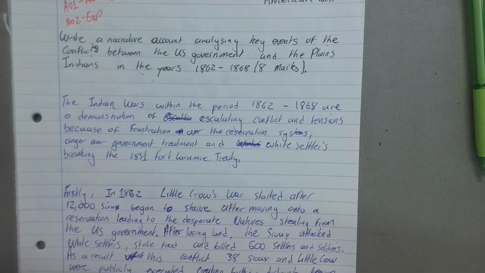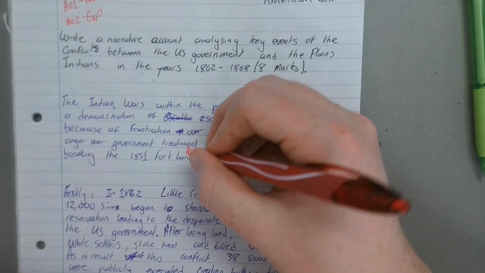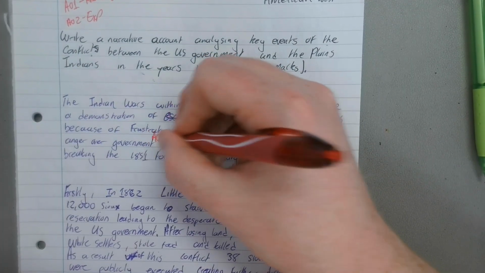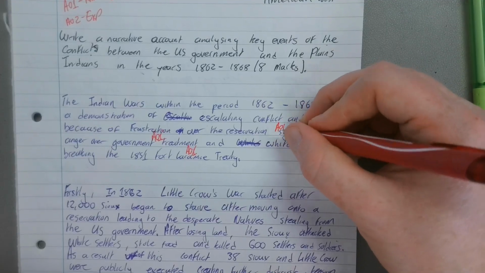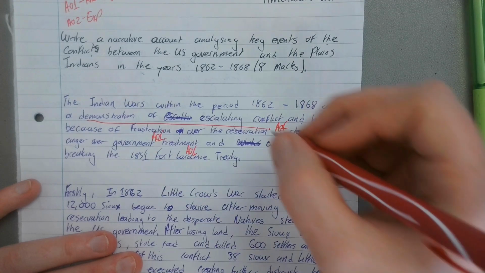The Indian Wars within the period 1862 to 1868 demonstrate escalating conflict and tensions because of frustration over the reservation systems, anger over the government treatment, and white settlers breaking the 1851 Fort Laramie Treaty. So, first and foremost, I've got plenty of knowledge there. And again, what you'll see is demonstration of escalating conflict.